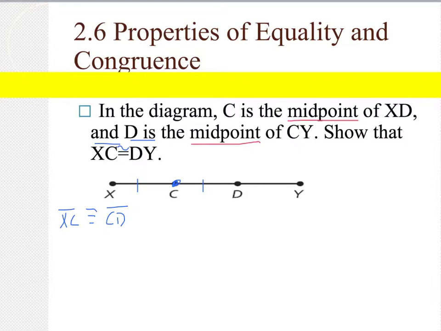Well, if D is the midpoint of CY, then when we're looking at this entire segment, CY, CD needs to be congruent to DY. Why? Because D is the midpoint here. It's the middle, which means it cuts it into two even segments.